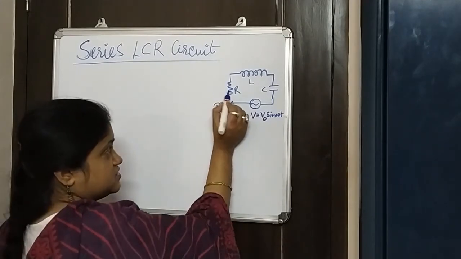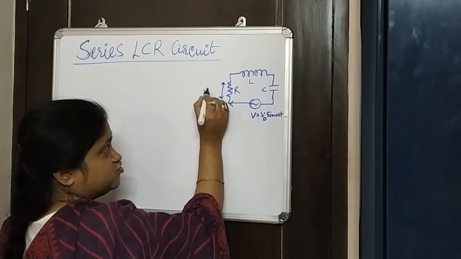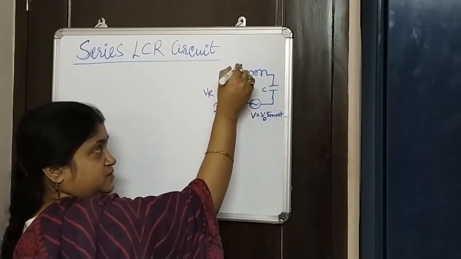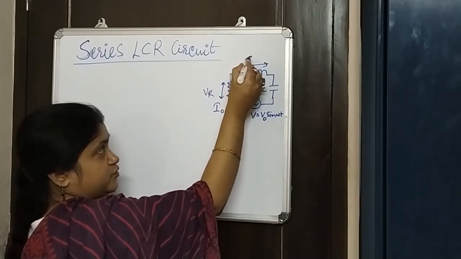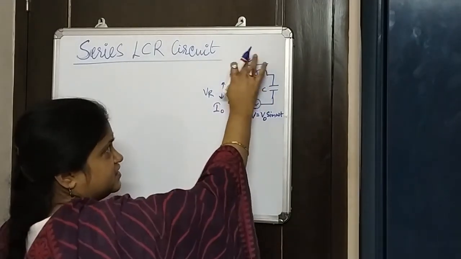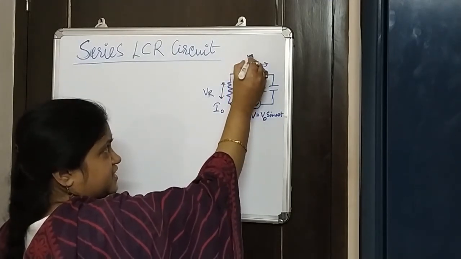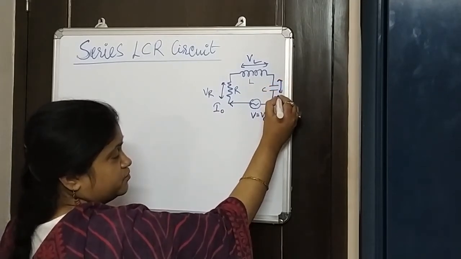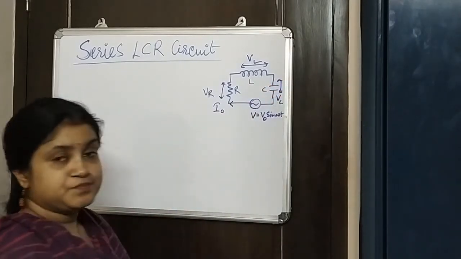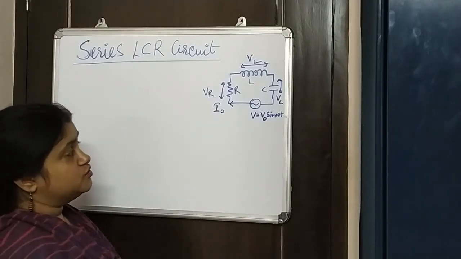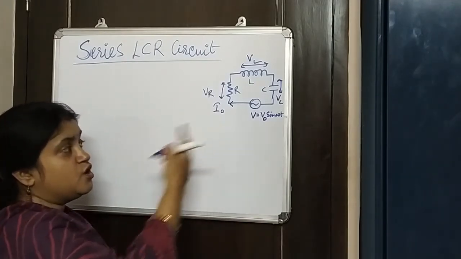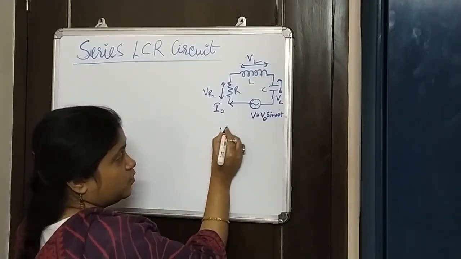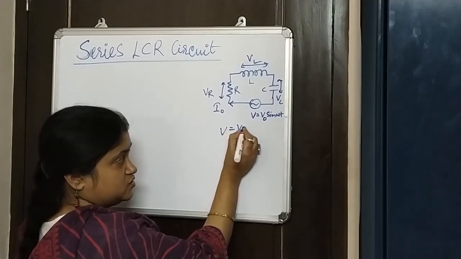Then across this resistor there will be a voltage drop which we denote as VR. Across the inductor, the voltage drop can be denoted as epsilon, but in this case we are taking it as VL. And across the capacitor, the voltage drop, let's suppose this is VC. The peak value of voltage V is V0.